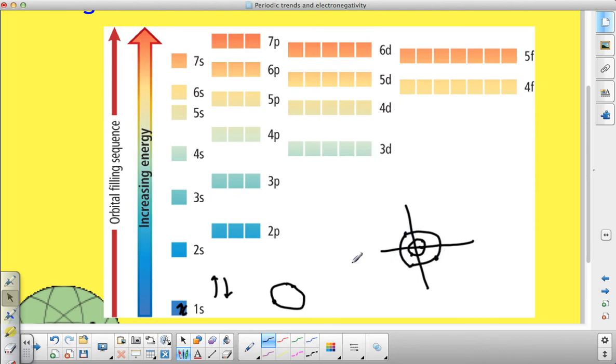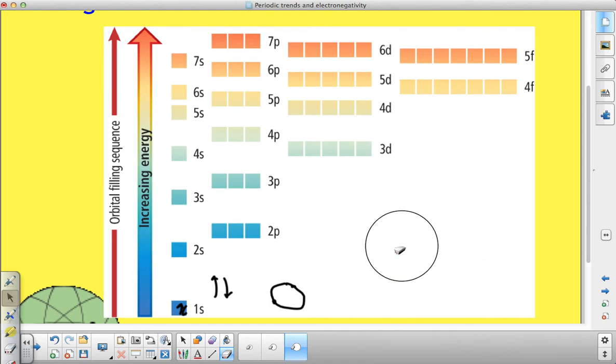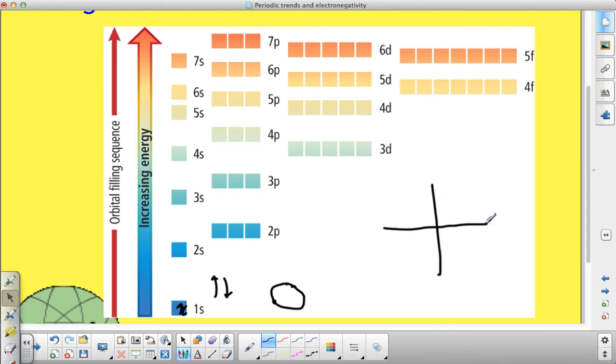Okay. Now the 2p orbitals are actually dumbbell shaped. Let me get rid of this here, and we will make some dumbbell shaped orbitals. Now notice how there are 3: 1, 2, 3. Each one of these boxes can fit 2 electrons, so we can get a total of 6 here, right?